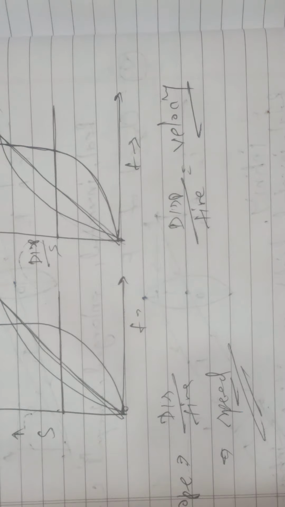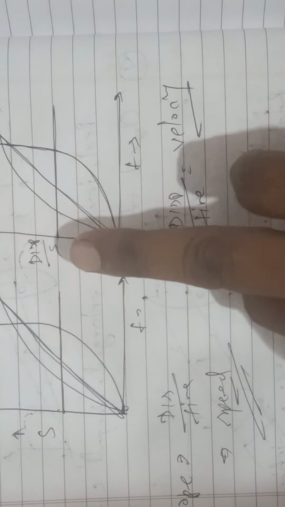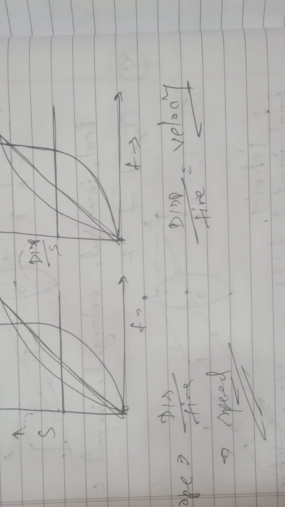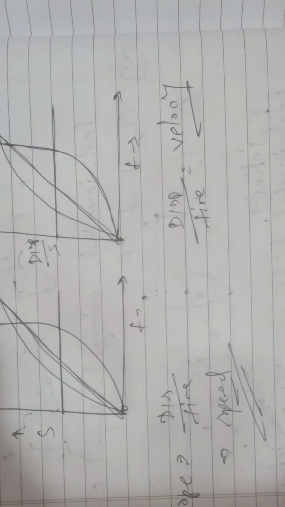So the slope of distance time graph gives us speed, and the slope of displacement time graph gives us velocity. Okay, so this is clear. This is what we have studied about the position time graph, or we can say distance time graph and displacement time graph. After that, we can shift to speed time and velocity time graph.